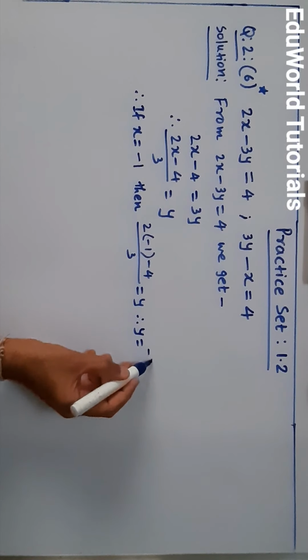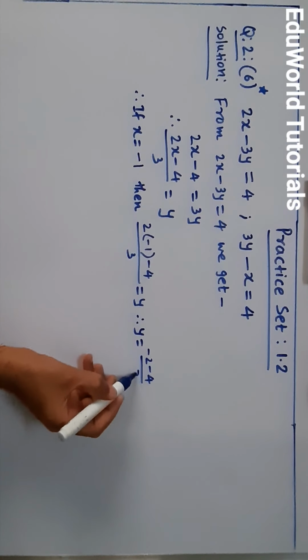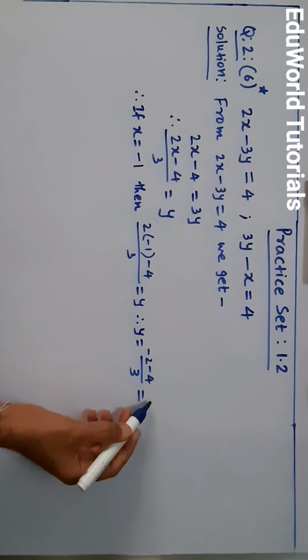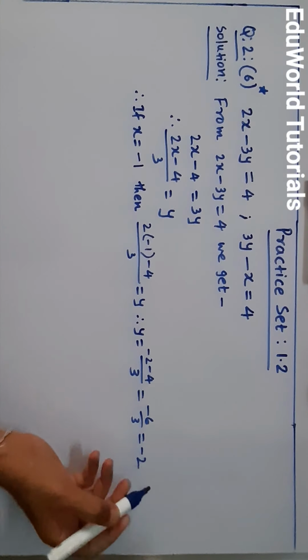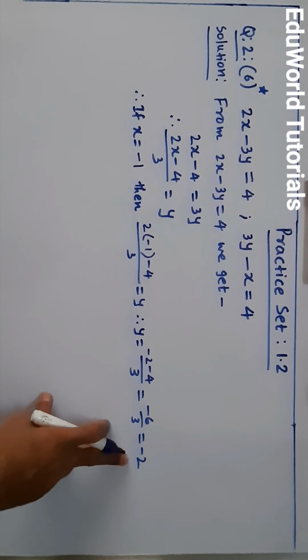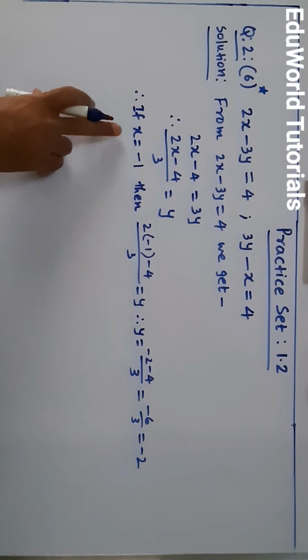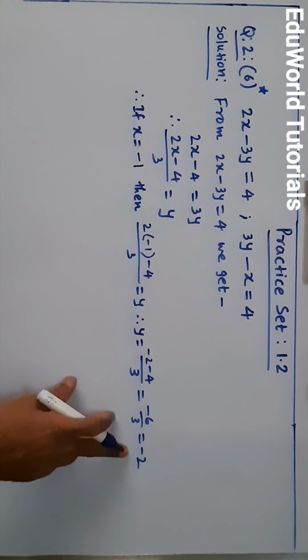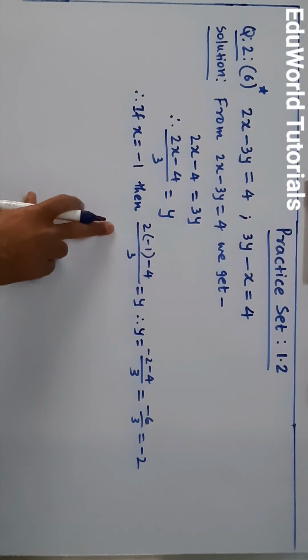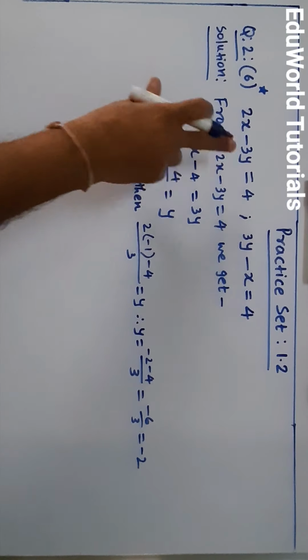Minus 2 minus 4 upon 3. That will give you minus 6 upon 3, and that will give us minus 2. I should get a whole number. Okay. So when x is minus 1, y is minus 2. This is the first point which will be there on the graph of this line.